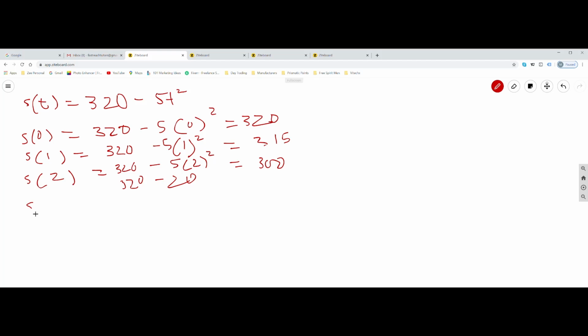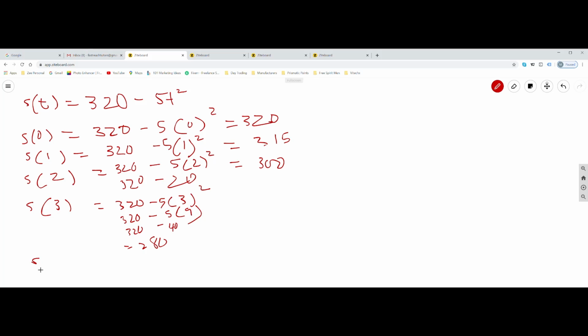Let's do 3. s(3) is equal to 320 minus 5 times 3 squared, which is 9, 5 times 9.